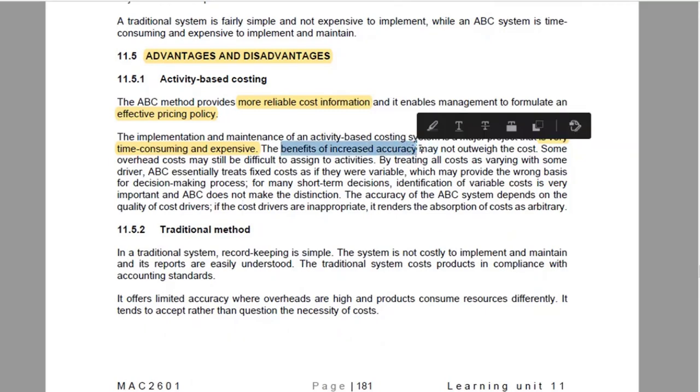But the benefit is that it helps you get accurate ways of allocating your cost, even though it's expensive. So this helps you also with short-term decision making, because what you are allocating is accurate. Okay. So those are some of the advantages and disadvantages.